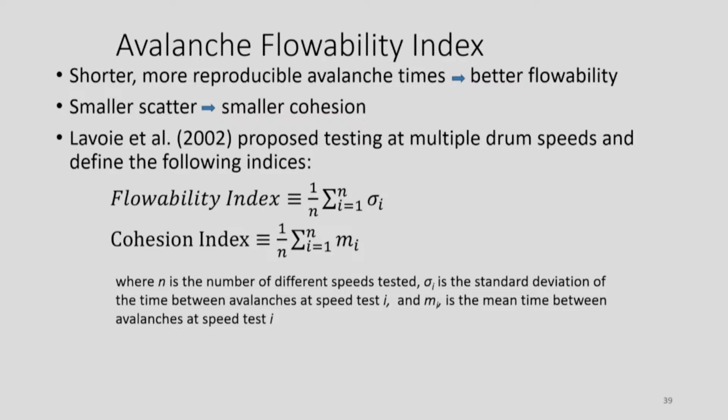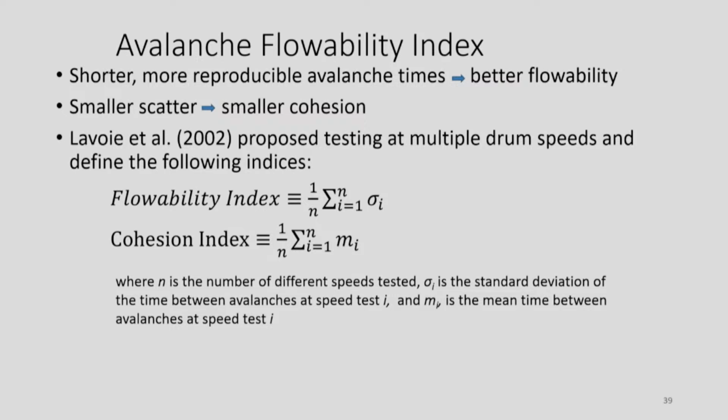There are many studies that tested the drum speeds and flow characteristics based on how much time it takes to avalanche, what their avalanche behavior is during continuous rotation, etc. In one example, they calculated the flowability index by testing the powders at multiple drum speeds and other characteristics.